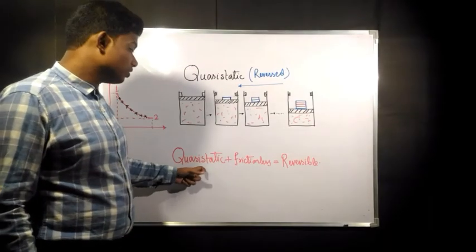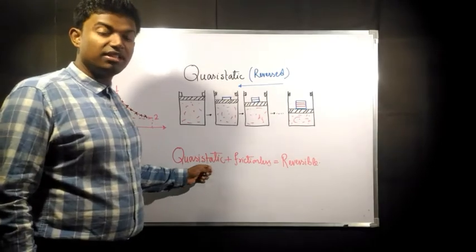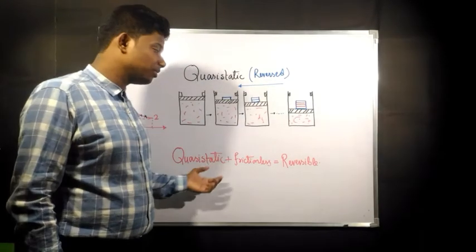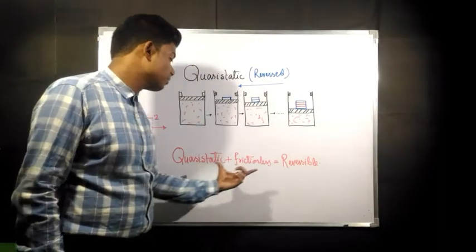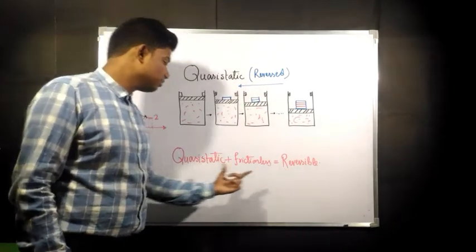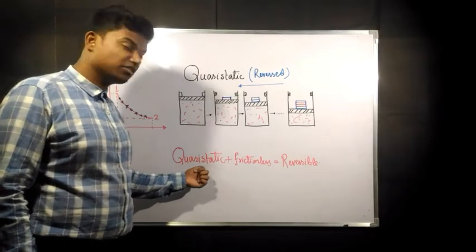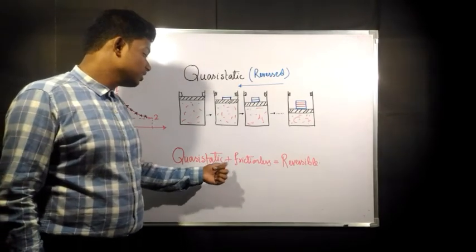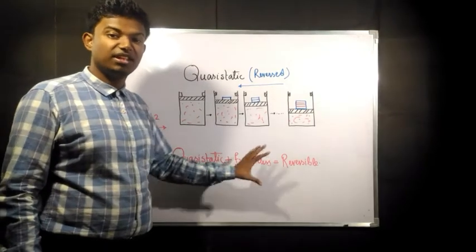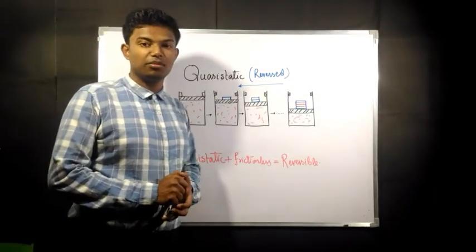That means a quasi-static process may be a reversible process or maybe not, but to be reversible you have to take these two in consideration. To be reversible, quasi-static is a must. Quasi-static must be there, but if I remove the frictionless, that means if I give friction, this quasi-static process also will become an irreversible process.